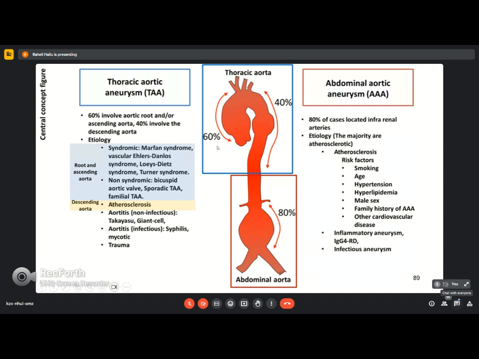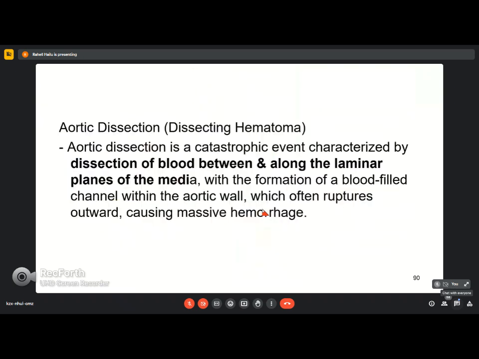A majority of them occur in the ascending part of the thoracic aorta, and 80% of abdominal aortic aneurysms occur distally, just below the renal artery, so infrarenal. So these sites are important to look out for when we're evaluating for aortic aneurysm.